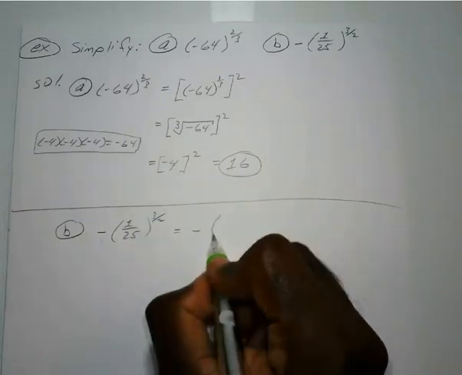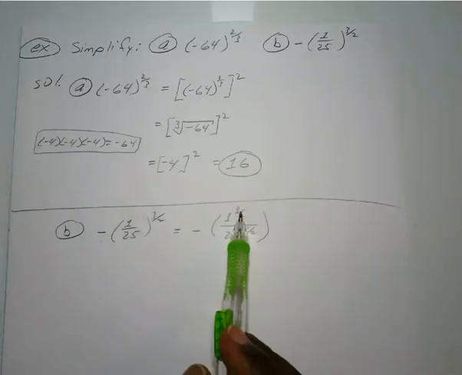Now the thing is, 1 to any exponent is always going to be 1. It doesn't matter what the exponent is. 1 to the power of anything is always 1. So that one's going to be very easy. So we have negative, and we have 1 over 25 to the 3/2 power.